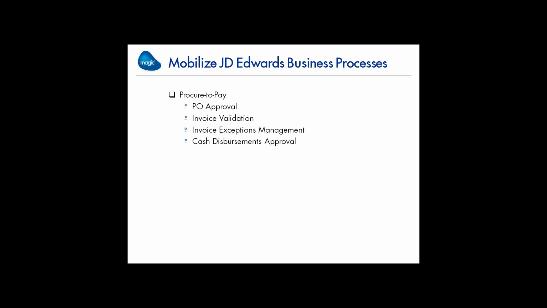And then the final major area that we talked about was procure to pay, where the example apps would include things like PO approvals, invoice validation, invoice exceptions management, and here this is kind of the opposite end of the invoice dispute process, where you're looking at it from the standpoint of managing your suppliers and their invoices, and then cash disbursements approvals.